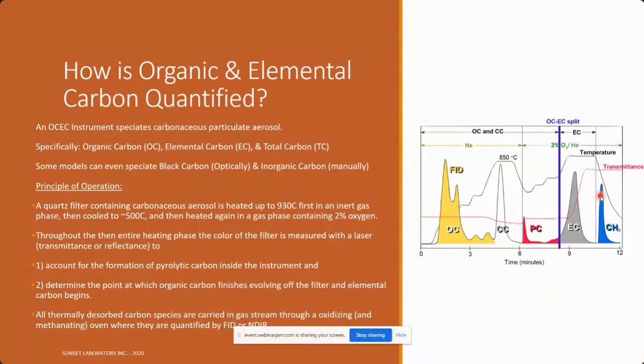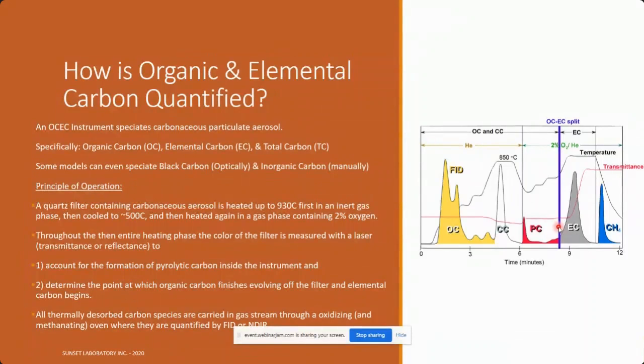And then finally, in order to determine at which point the organic carbon finishes evolving off the filter and the elemental carbon begins evolving off the filter, we have software that looks back through the data and determines what we call an OCEC split point.